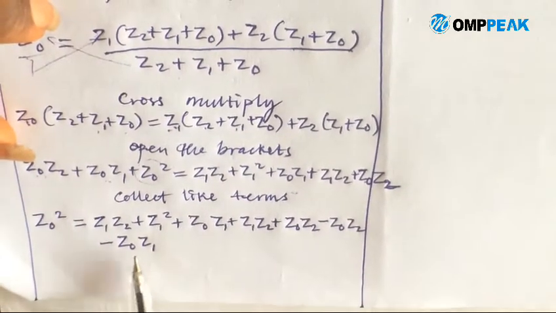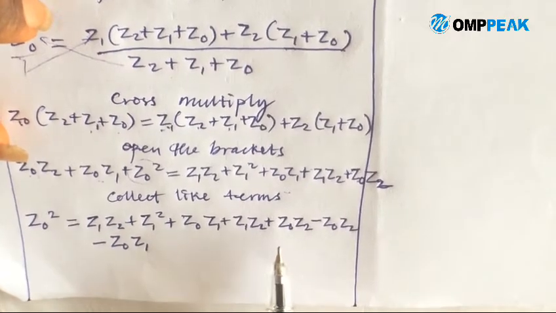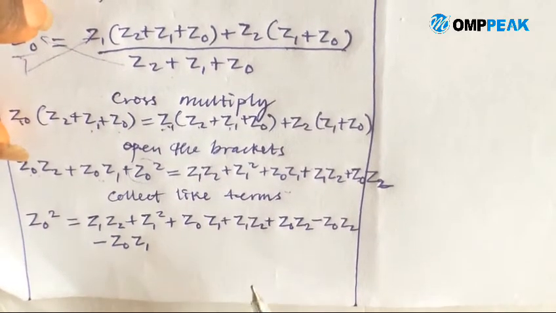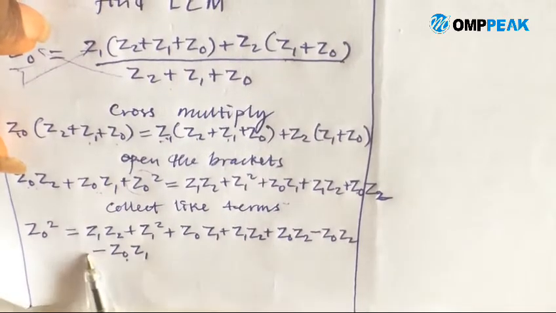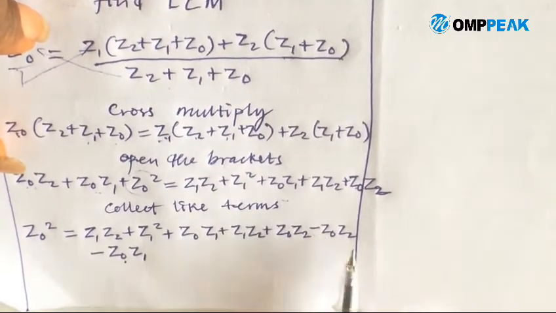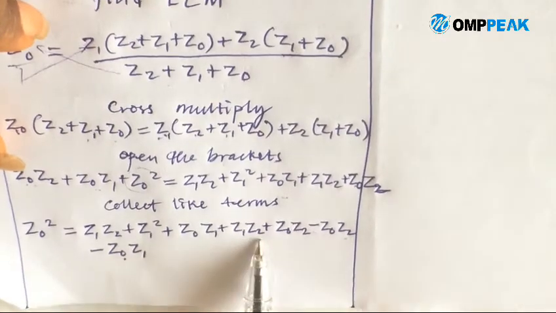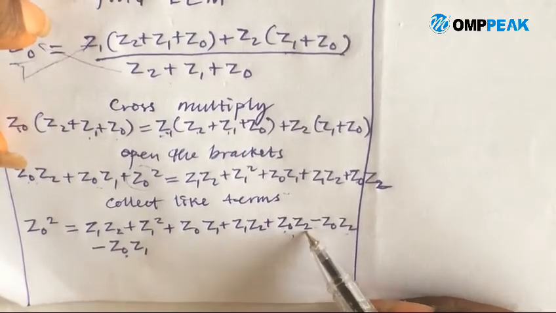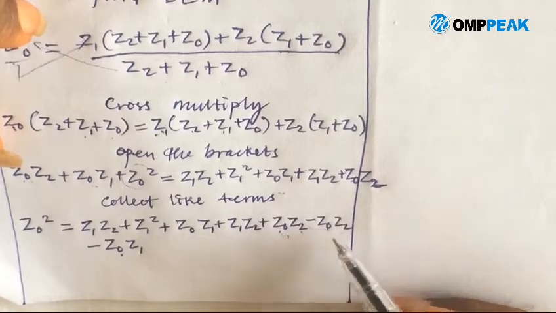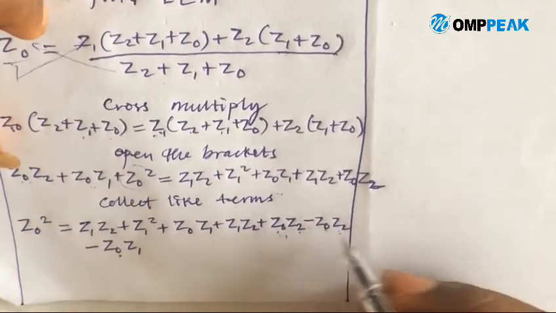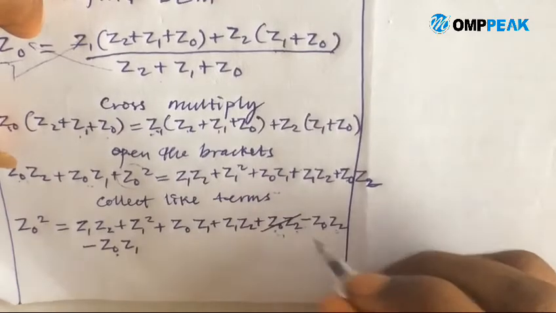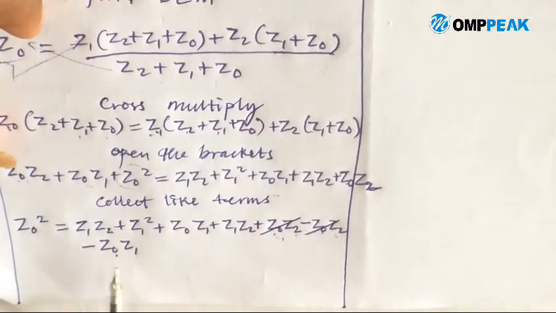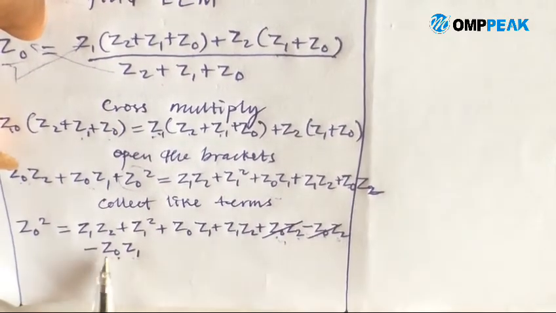So we have, let's check for this. We have Z0 Z1 minus Z0 Z2. Okay, we have Z0 Z2 and we have minus Z0 Z2. When you subtract this one from this one, it will give us 0. So let's cancel this. Now we have Z0 Z1 minus.